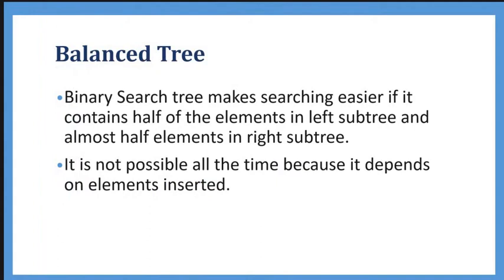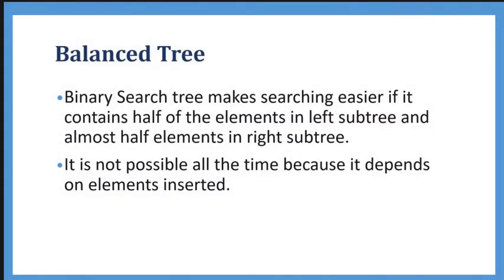Before starting with the AVL tree, let us understand what is meant by a balanced tree. A balanced tree is a binary search tree that makes searching easier, as it contains half of the elements in the left subtree and almost half the elements in the right subtree. It is not possible all the time because it depends on the elements inserted.